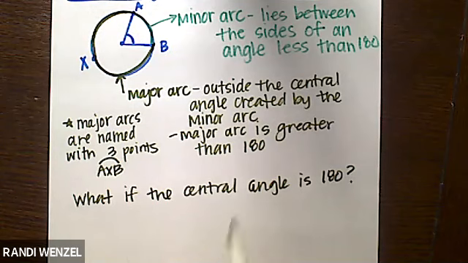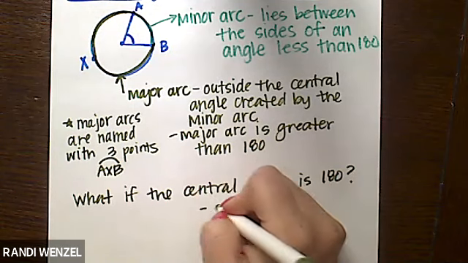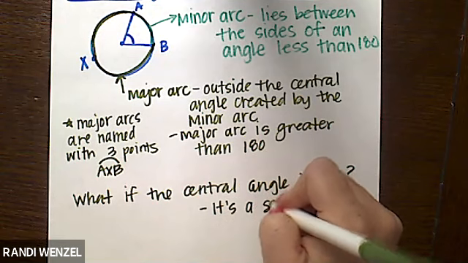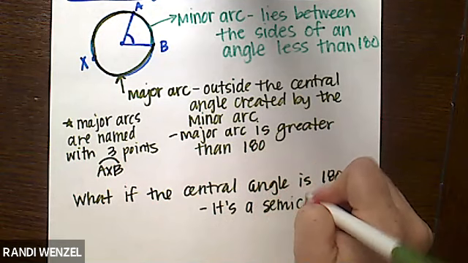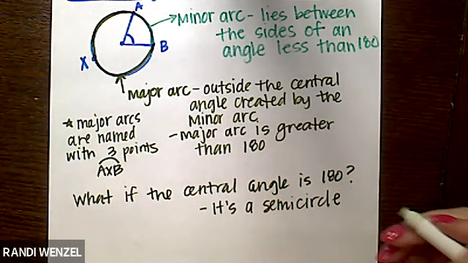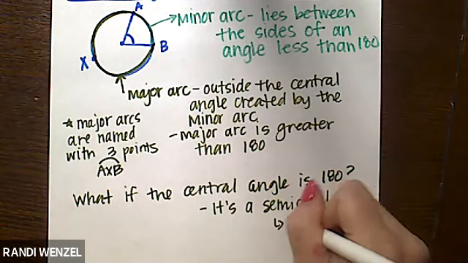If the central angle is 180, that's called a semicircle. If you're unsure what semicircle means, that's half a circle.